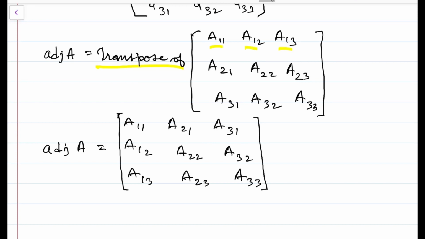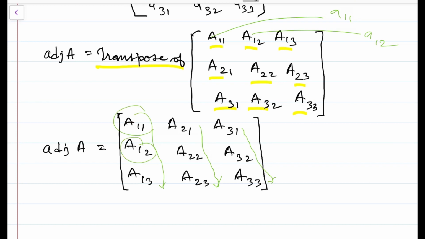These are the cofactors corresponding to the elements a11, a12, etc. So adjoint A is equal to A11, A12, A13, A21, A22, A23, A31, A32, A33. Once again, these are the cofactors of the elements a11, a12, a13, etc.